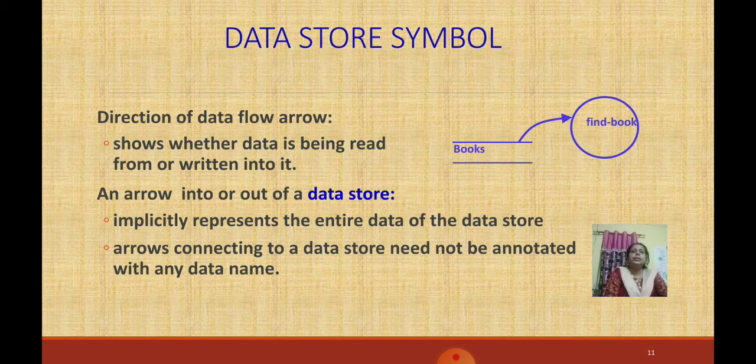So this is an example of the direction of the data flow arrow, whether the data is being read from or written into the data store. In this example we can see the book from a book file goes into the find book. An arrow into or out of a data store implicitly represents the entire data of the data store.